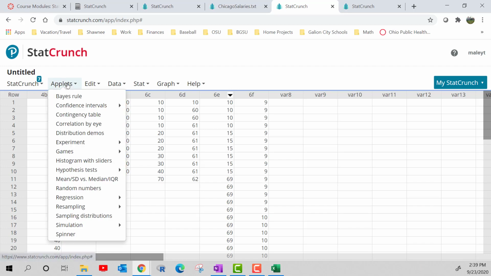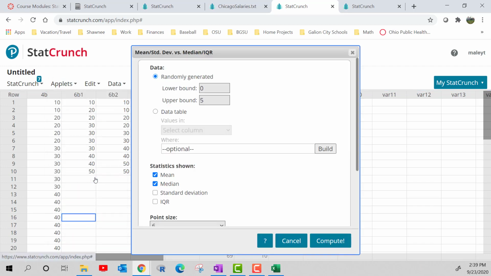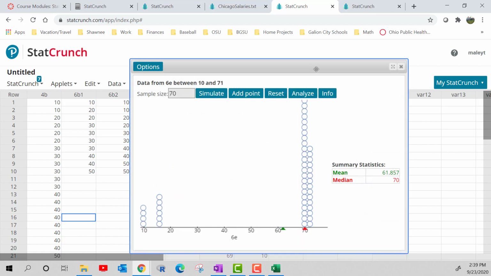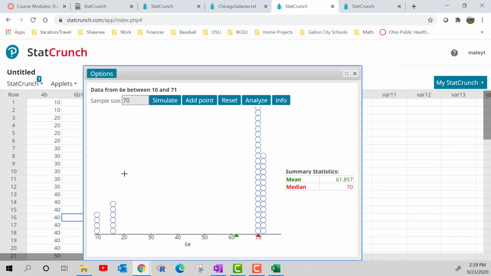If I go to the applet, the mean standard deviation, go to data table, pick 6E, and hit compute, you can notice by looking at this dot plot that it's definitely going to be skewed left. My long tail's on the left side, and I can see that the median is bigger than the mean. In other words, these extreme values down here pulled the mean downward, to the left of the median.